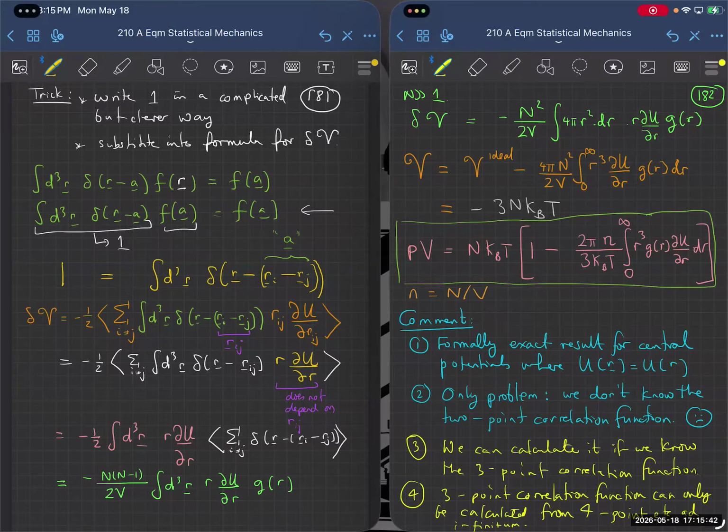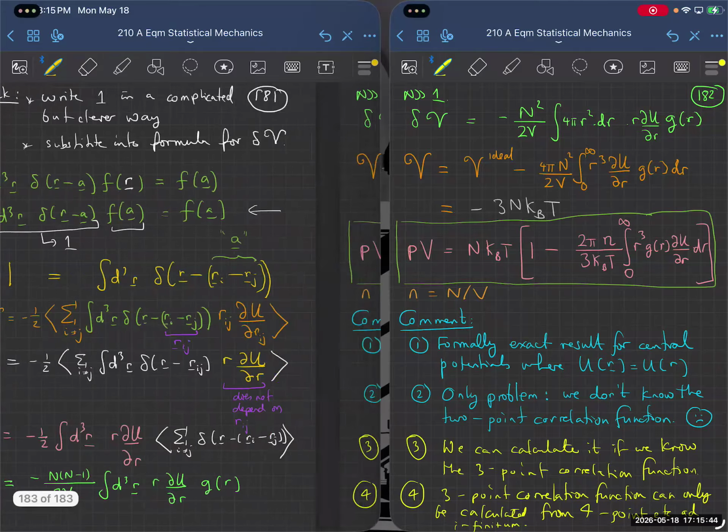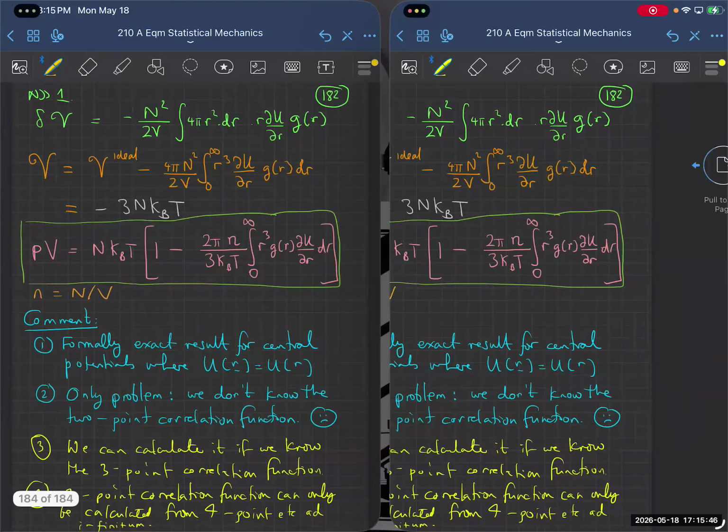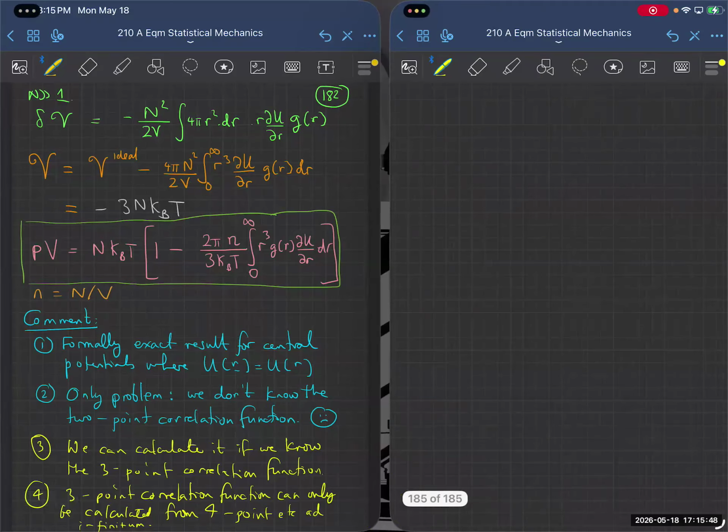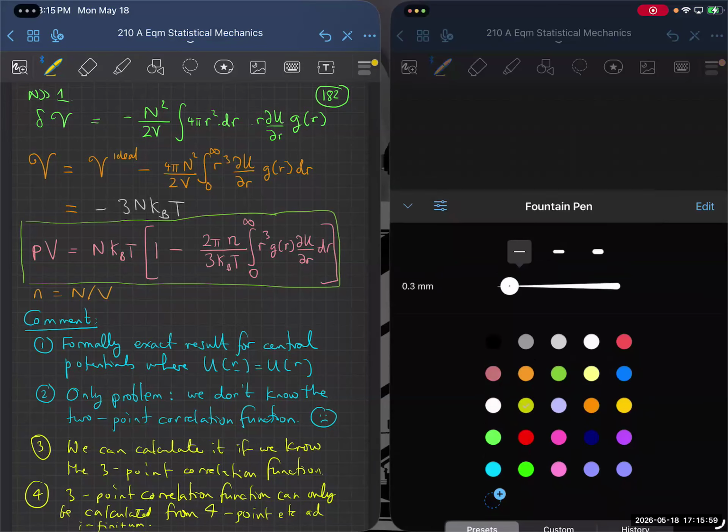So all of theoretical physics in many-body theory and statistical mechanics, electronic structure of materials, fluid mechanics, everything, it's all based on trying to find ways to get around this problem. So this problem is called the closure problem.